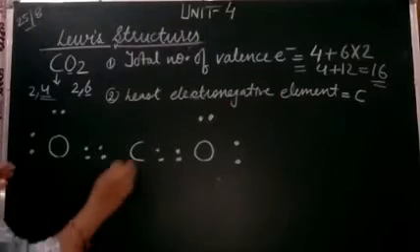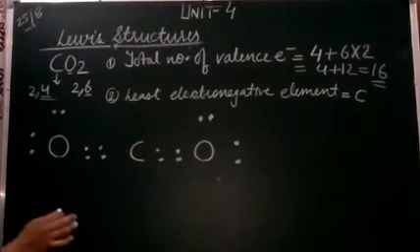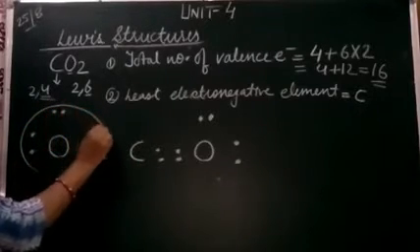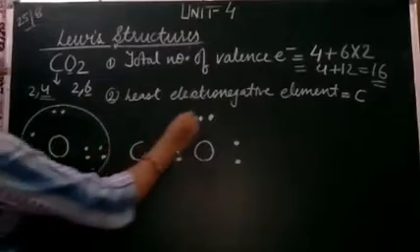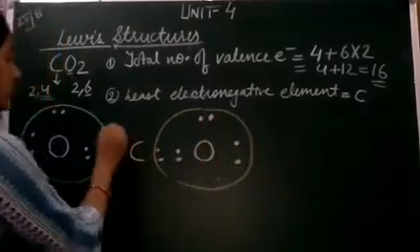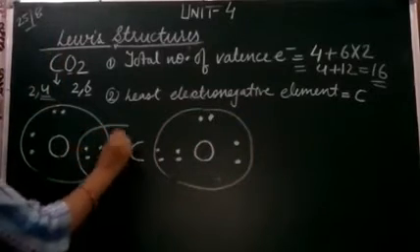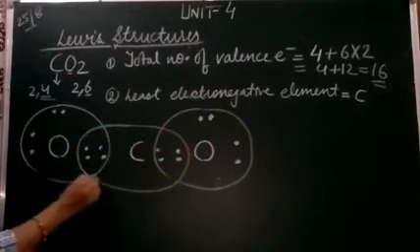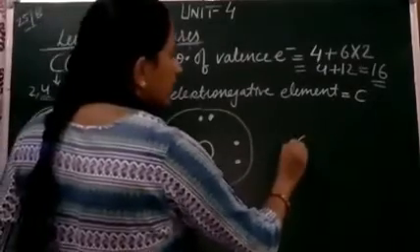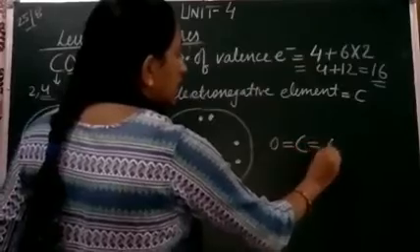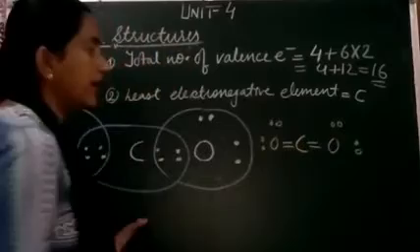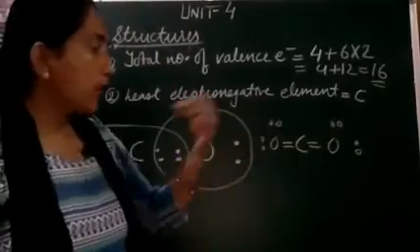You can leave the structure in this way, or if you want, you can show the octet completed by drawing the circle. This is the molecule of CO2, or you can simply write it in this way also. Now what you will find here, overall how many bond pairs are there?